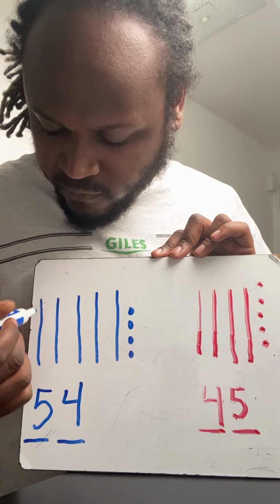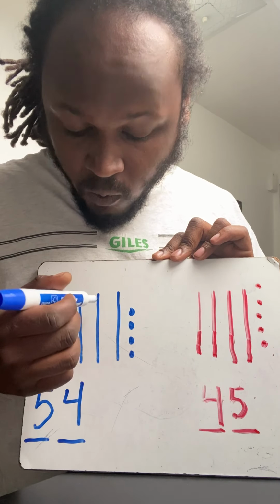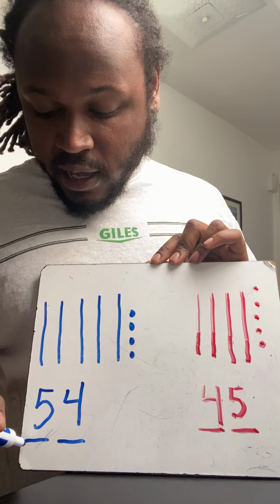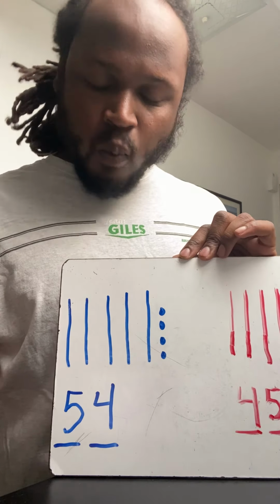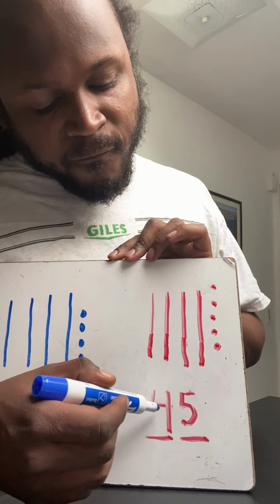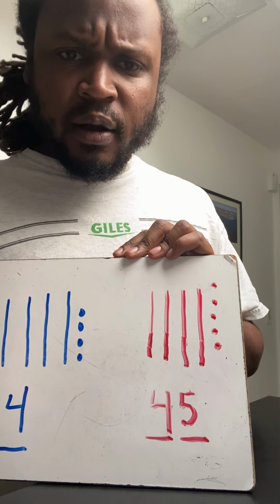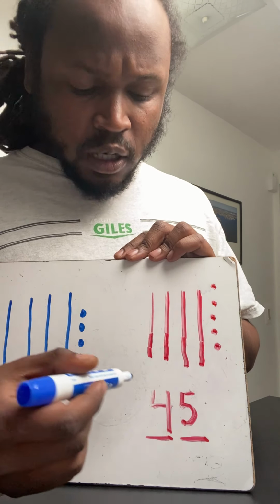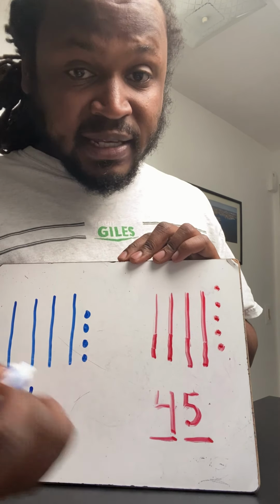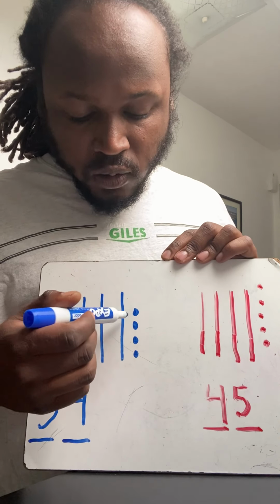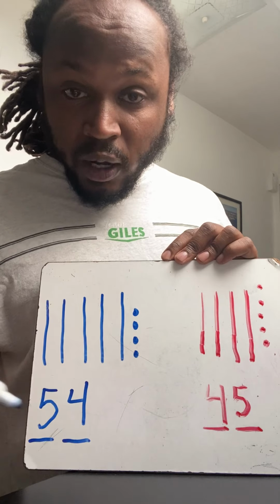Well, I know 54 has 1, 2, 3, 4, 5 tens. Oh, yeah, because it says it right here in the number 54. And I know 45 has 1, 2, 3, 4 tens. Oh, yep, it says 4 right there in the tens spot. And then remember, we have our ones also. 1, 2, 3, 4 ones.